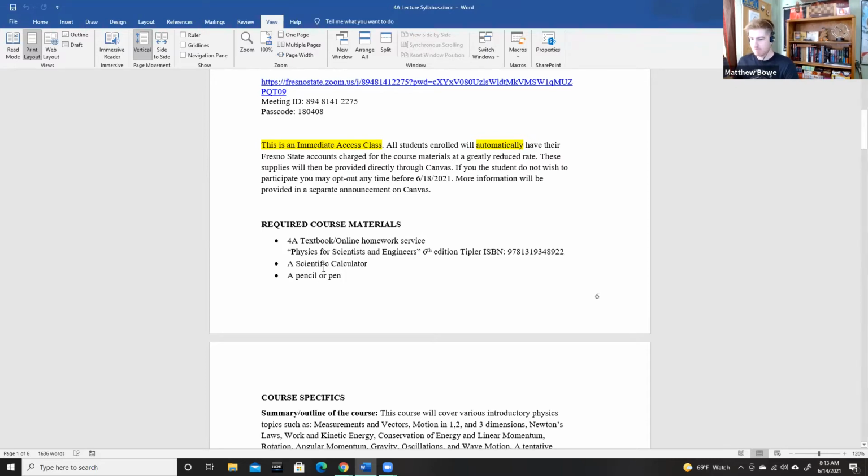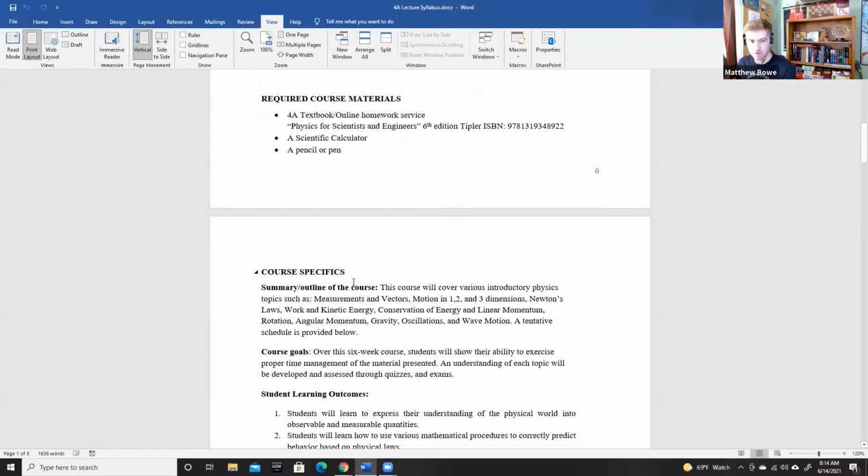So let's say pen, paper, scientific calculator, calculator for homework, and calculator for quizzes and exams. I don't really have a preference on which one. I think just a basic scientific calculator will be fine, as long as it has trigonometry functions on it.